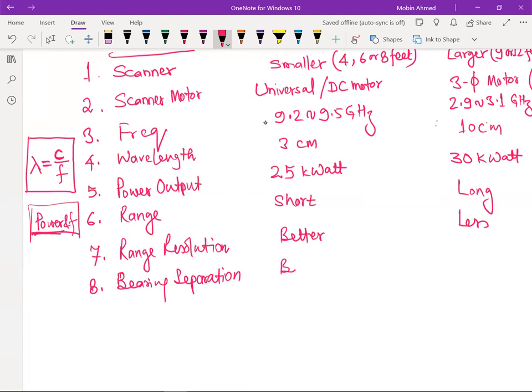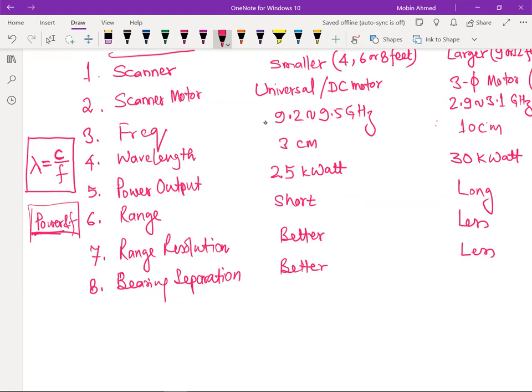Yes, in the X band it is possible, but in the S band it is not possible, so it is less. Bearing separation means if the two targets are nearby, we can identify there are two targets, so that is better in the identification, better in the X band, whereas in the S band it is less. So that is known as bearing separation.